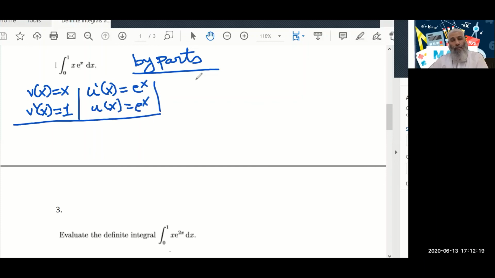The integration from 0 to 1 of x e power x dx is the integration of u dash v, which means e power x multiplied by x minus the integration of e power x multiplied by 1, which means u x multiplied by v dash x.